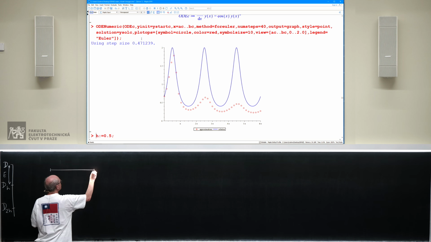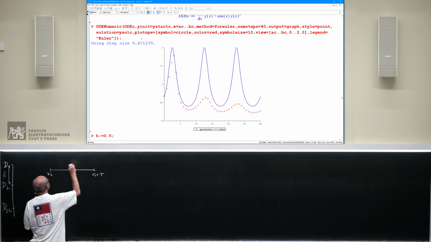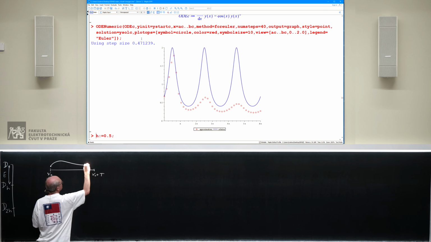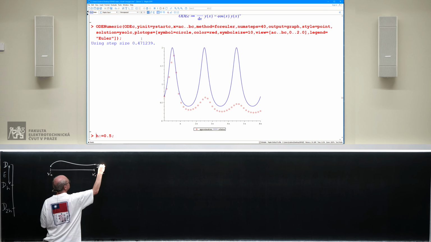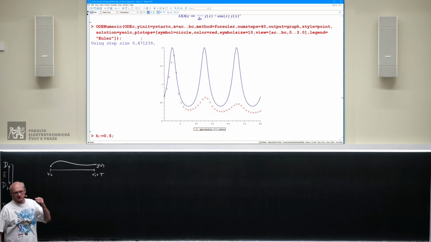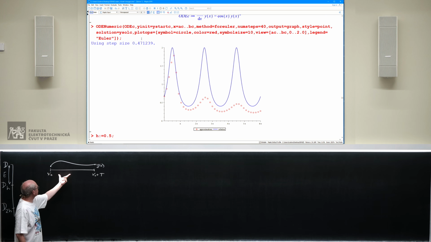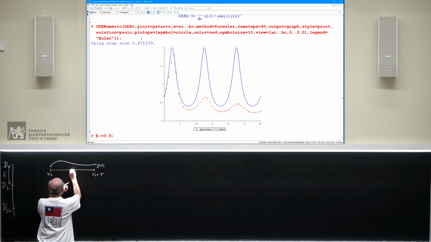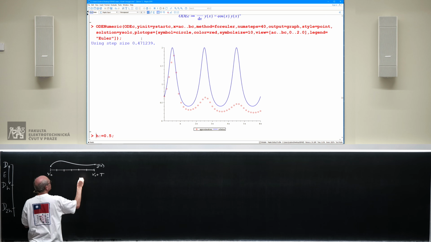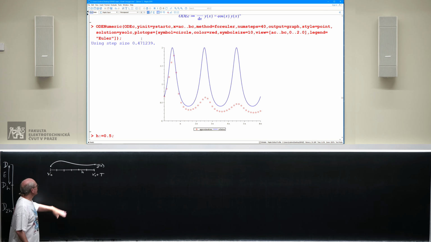We have an interval from x0 to x0 plus t, and there is some solution floating around that we want to approximate. So we choose a step size, we choose some method, and we apply it. Let's say the step size corresponds to partition size 6, so that it's a nice picture. So I split this into 6 parts. Here is the step size h, and for each location I get an approximation.